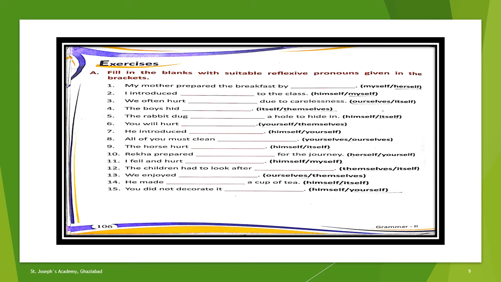Fifth, the rabbit dug dash a hole to hide in. The options are himself, itself. As you already know that for the animals we use it, and here the rabbit is the animal, so for it the reflexive pronoun will be itself.